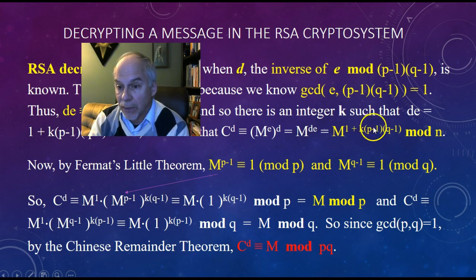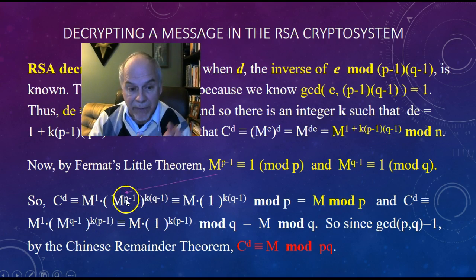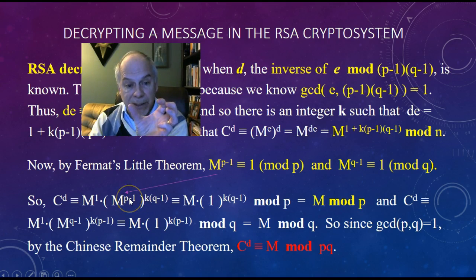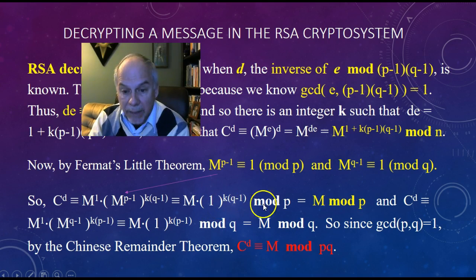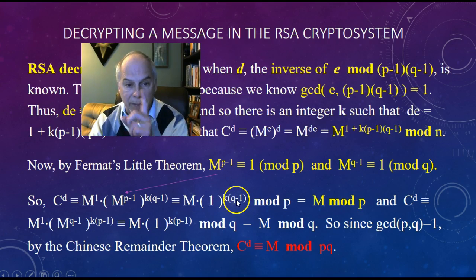All right? Well, that comes from this right here, because what would this be if I have a power to a power? We'd multiply the exponents, right? And so we'd get k times (p minus 1)(q minus 1). All right? But using Fermat's little theorem, m to the power of p minus 1 is congruent to 1 in mod p. All right? So that's congruent to 1 in mod p, which 1 to any power is going to be 1.